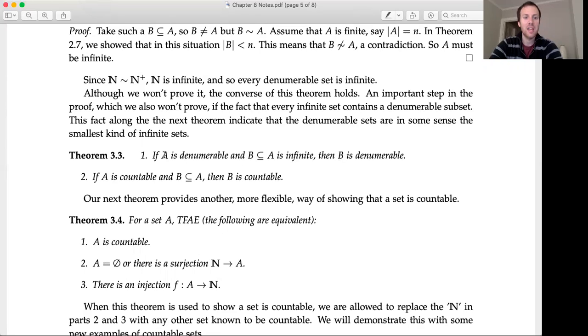And combined with this, the theorem says if you are denumerable and you have an infinite subset, you are also denumerable. So if you have a set which is the same size as the natural numbers, all of its subsets are either finite or also the same size as the natural numbers. So there's no kind of middle ground between finite and same size as the naturals.